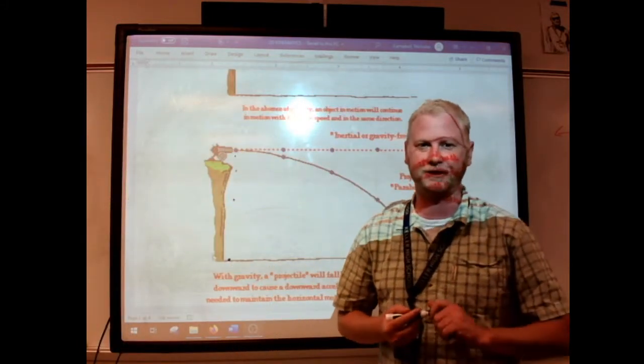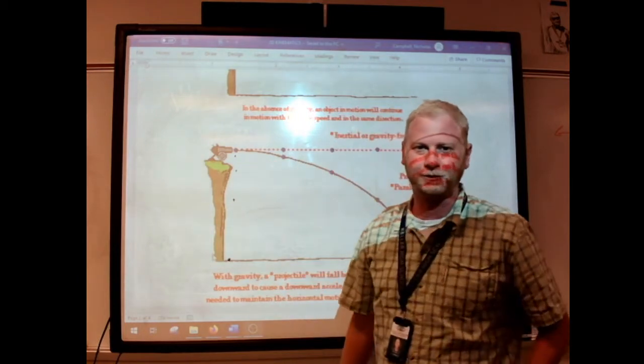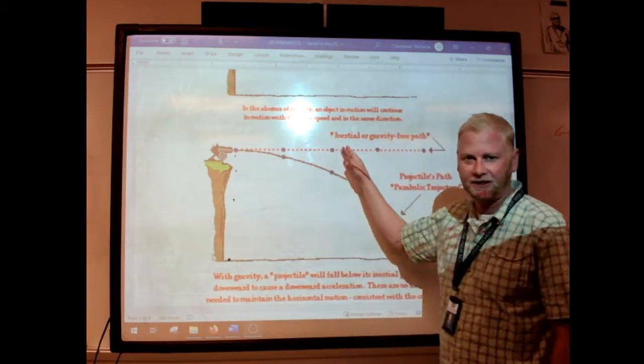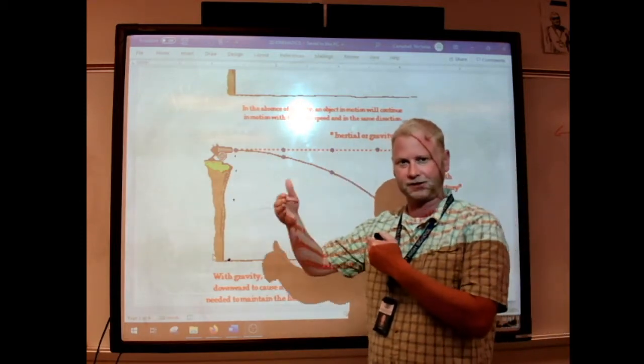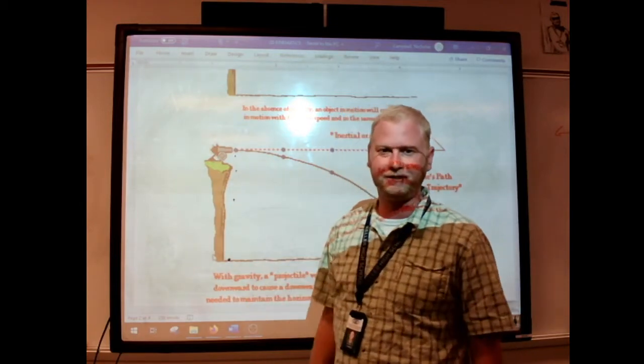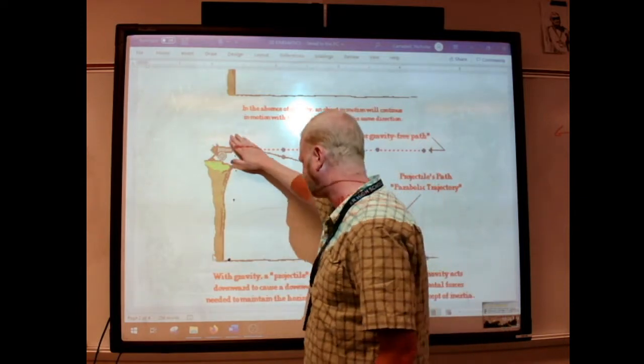What's happening in the vertical? Well, you've got an object that is solely under the influence of gravity, so it's in free fall. So horizontally speaking, you've got an object traveling at a constant horizontal speed, whereas vertically speaking, you've got an object that's in free fall. And you've got to analyze the two dimensions separately.